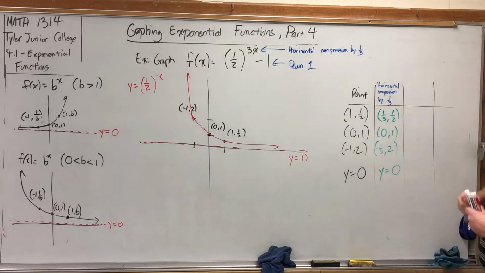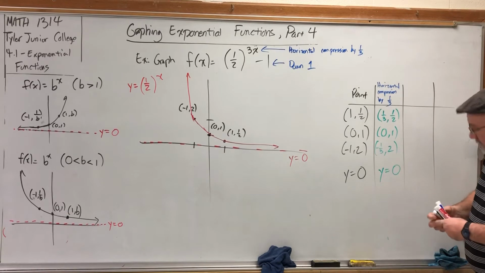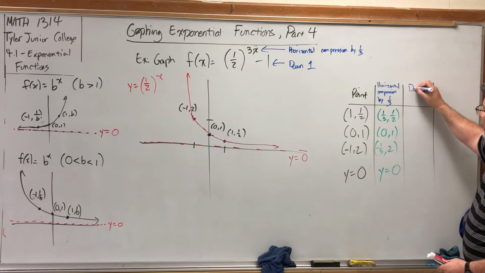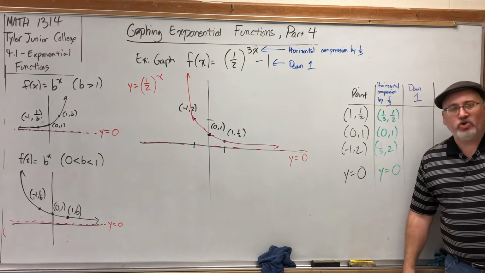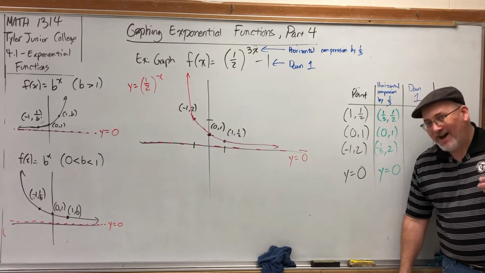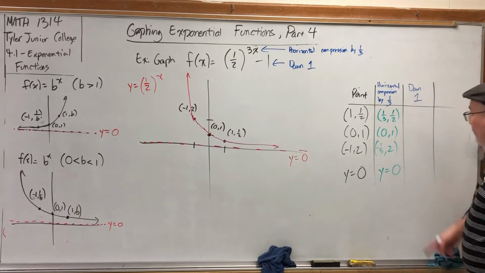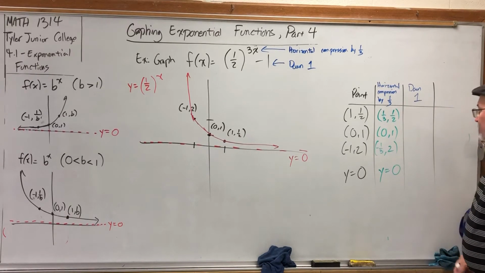Our last move is easy. We move down 1. And when you move something down 1, you subtract 1 from its y coordinate. And so we just subtract 1 from each of these y's.